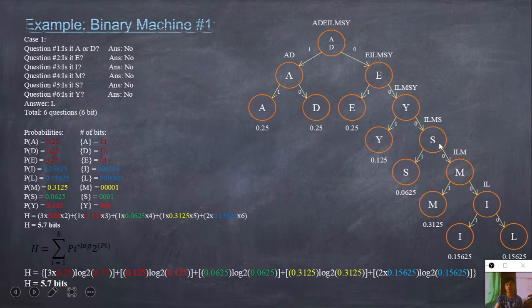For 0, we move to another variable, which is M. M predicted as yes, so M is 1. For 0, not predicted, we move to another variable, which is I. I is predicted as 1, so it is yes. And for no, it is predicted as L. So L is the answer for this binary machine.